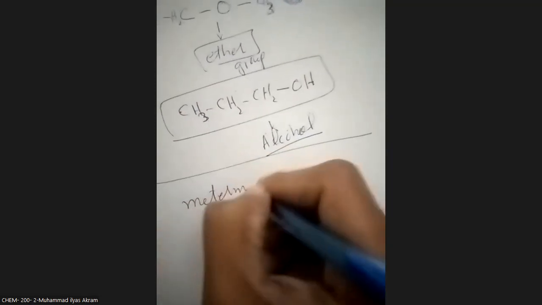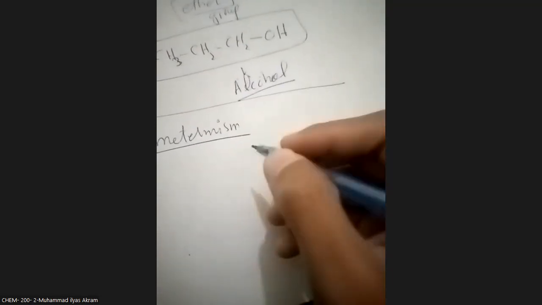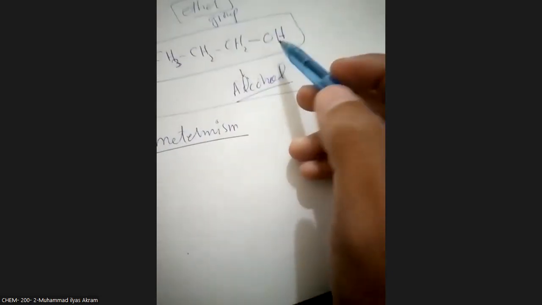Now we will discuss the next, metamerism. What is metamerism? This says that any compound that has the same molecular formula, but we can change the position of the functional group between the hydrogen atoms, such as we take the example of an ester group.